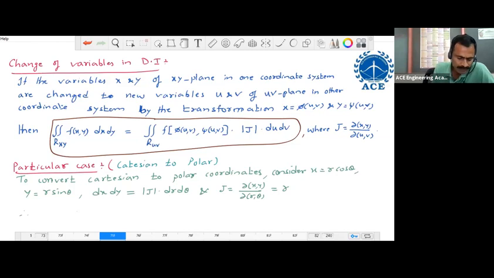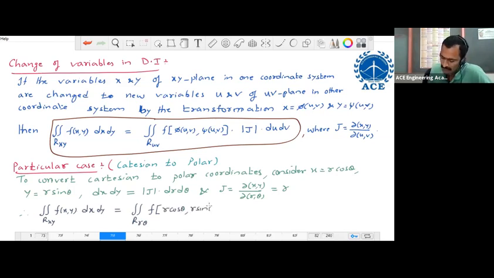Therefore, the double integral over R_xy plane of f of x comma y dx dy becomes the double integral over r theta. We replace x with the transformation r cos theta, and in place of y, r sin theta in the function, into J, the Jacobian of transformation from the xy coordinate system to r comma theta.